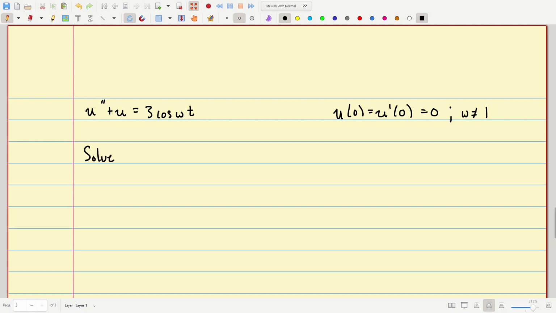What we're going to do is solve the initial value problem for these values of omega. We're not going to plug in the numbers and solve the problem 3 times. We're just going to leave omega there, come up with a formula, and then deal with it at the end.